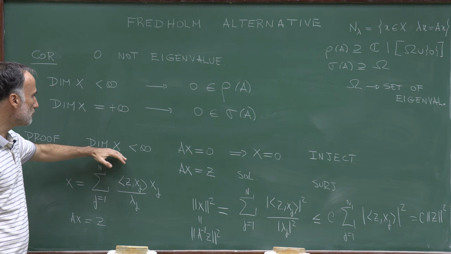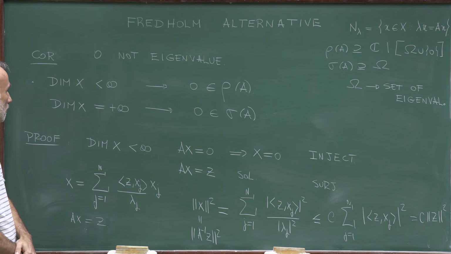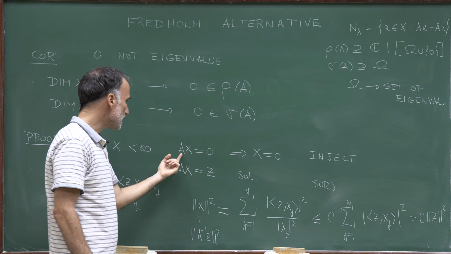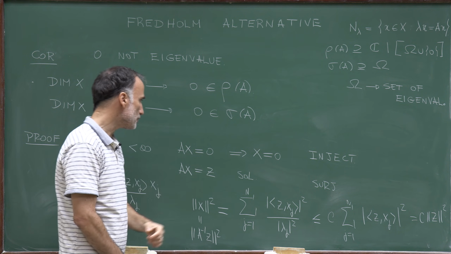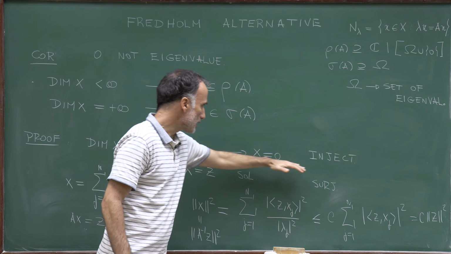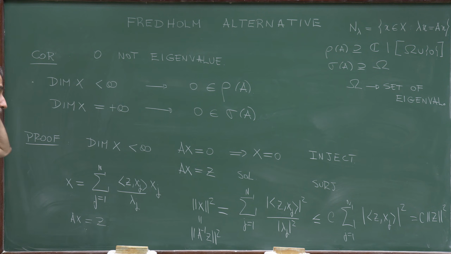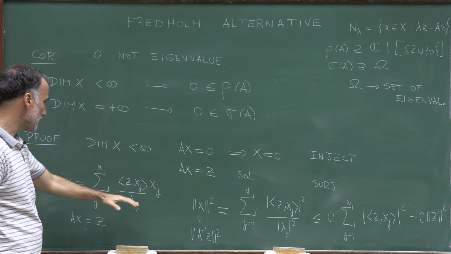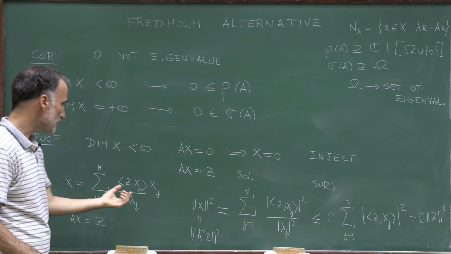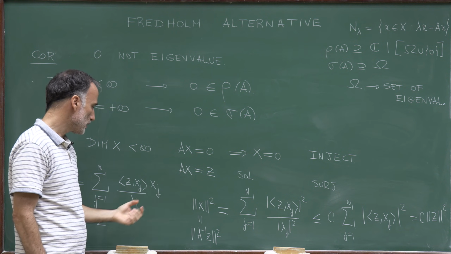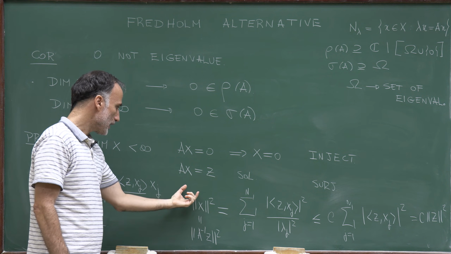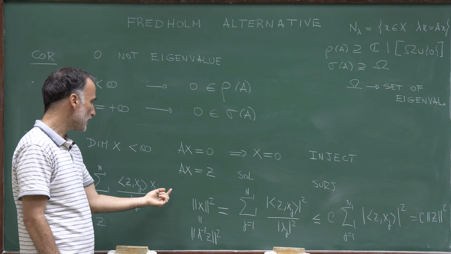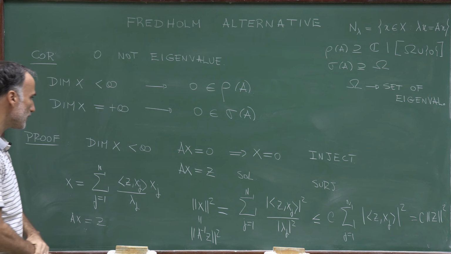So let me just repeat the proof. I'm assuming here that the dimension is finite, and I'm assuming that 0 is not an eigenvalue. So 0 not an eigenvalue means that if Ax is equal to 0, then x is equal to 0. And this is exactly saying that A is injective. Now, since 0 is not an eigenvalue, this means that in my previous orthonormal basis of the space, all the wk's do not appear, because the wk's are exactly the eigenfunctions associated to the eigenvalue 0, but 0 is not an eigenvalue by assumption.